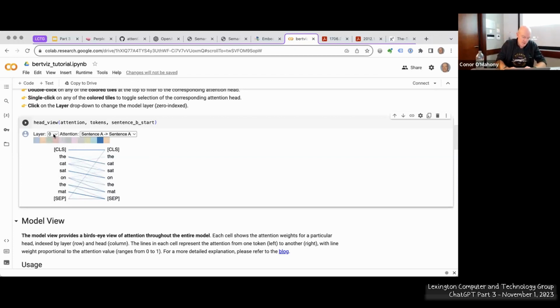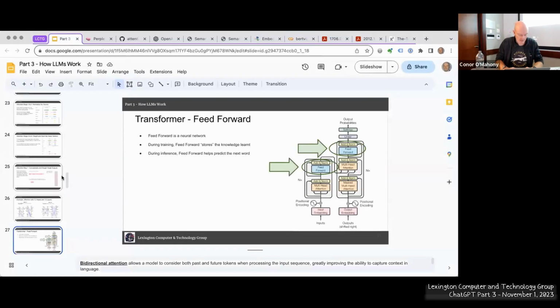And what you can do is, for each layer, you can choose a layer, and then you can choose a head. These colors are the heads. If I double click, I can choose a head. You can start choosing individual heads, and you can see what they're doing, what kind of connections they're making. Now, some people have researched this and tried to figure out what each head is doing.